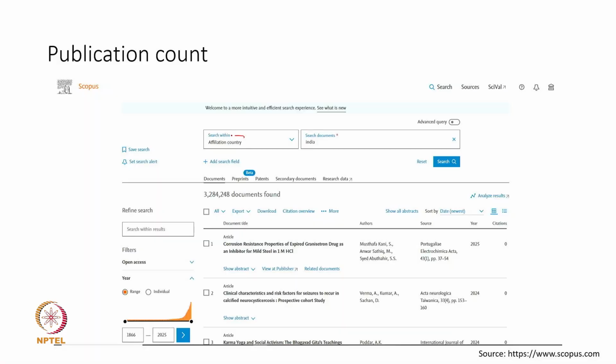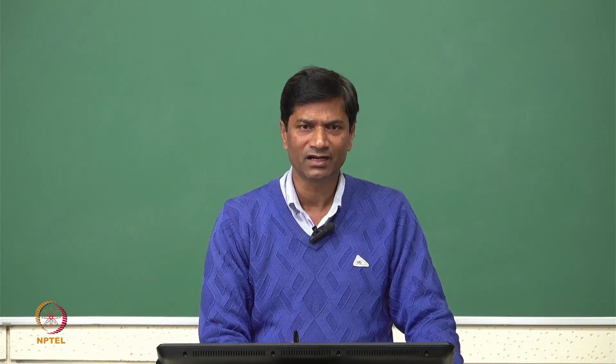If we take the affiliation country as India and find out the total publications from India indexed in Scopus in the range of 1866 to 2025, then we come to know more than 3.2 million documents were published from India during this period and indexed in Scopus.